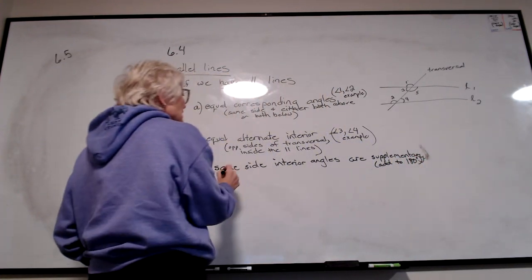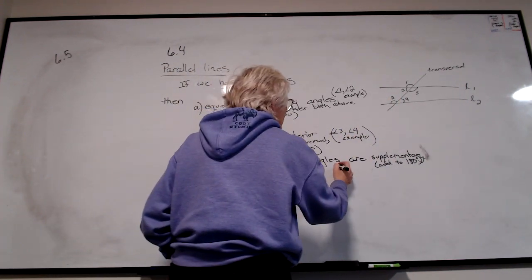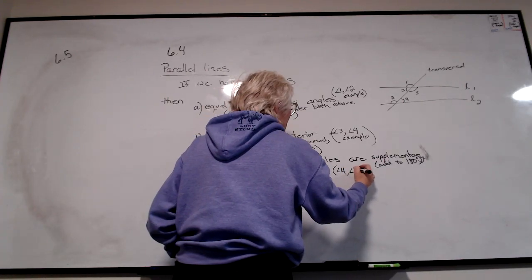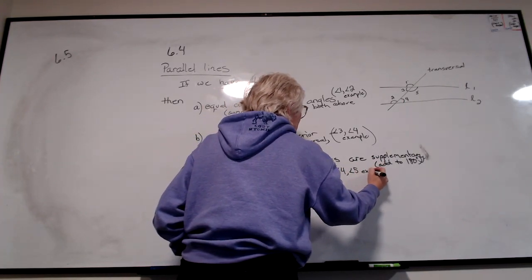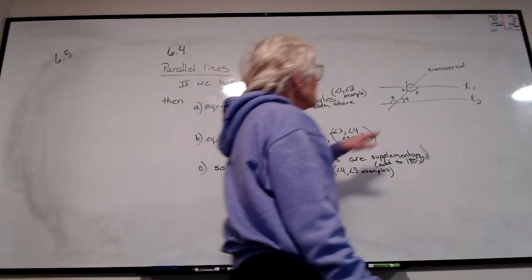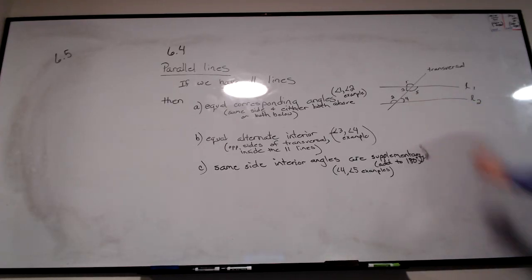An example of same side interior angles is angle 4 and angle 5. So these two things on the inside are not equal, they're supplementary. They add together to make 180.